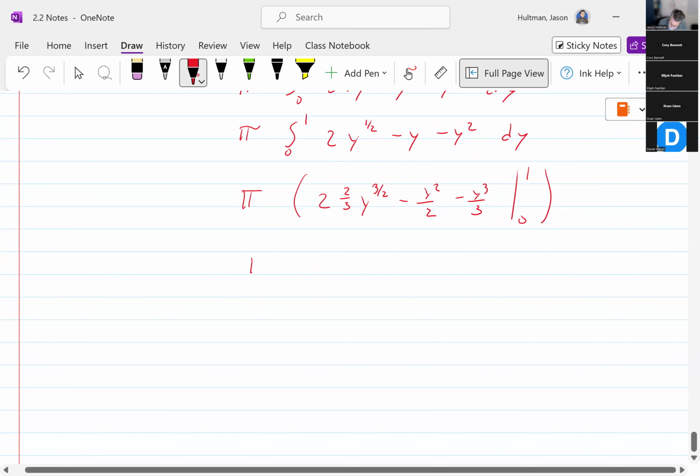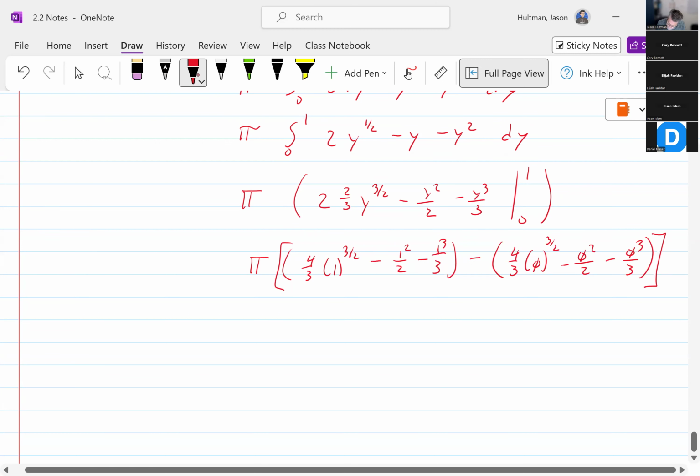So you've got pi times 4/3 times 1 to the 3/2 minus 1 squared over 2 minus 1 cubed over 3, minus 4/3 times 0 to the 3/2 minus 0 squared over 2 minus 0 cubed over 3. All the ones just go to 1, all the zeros go to 0.